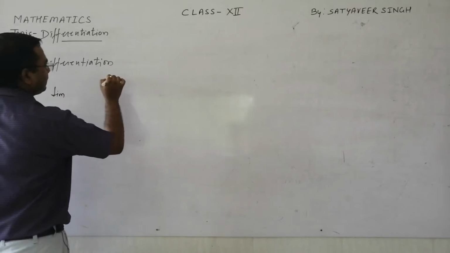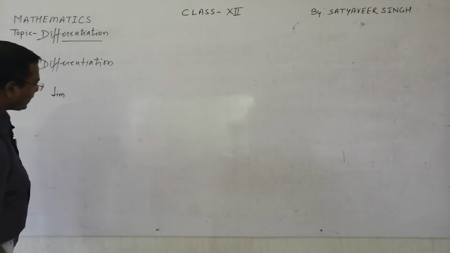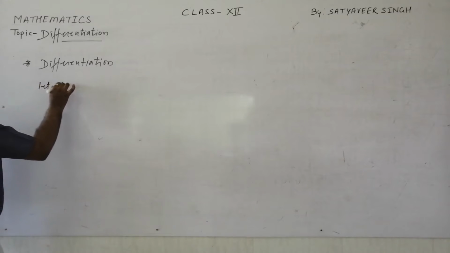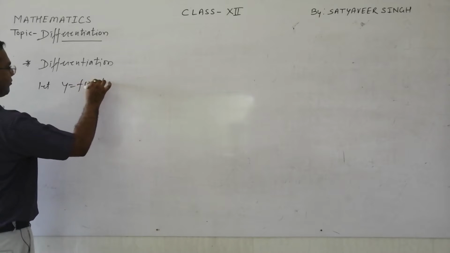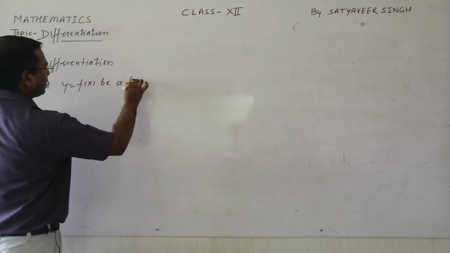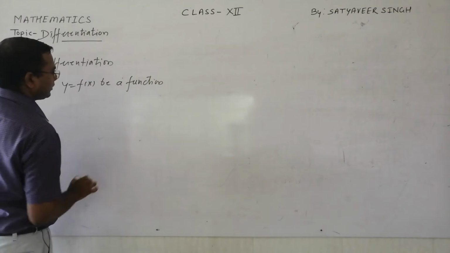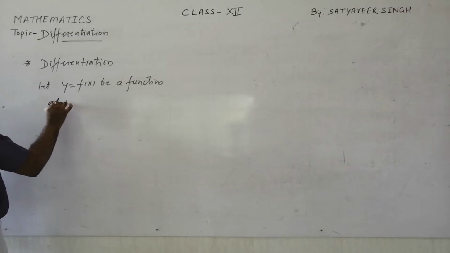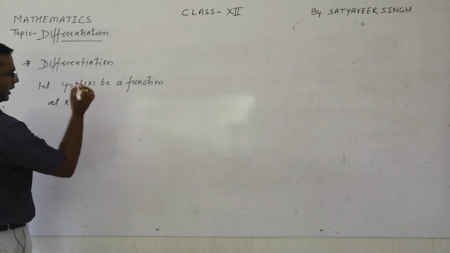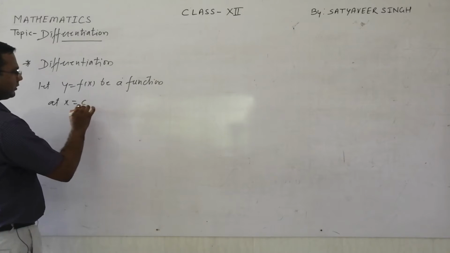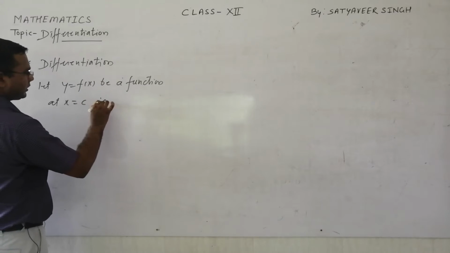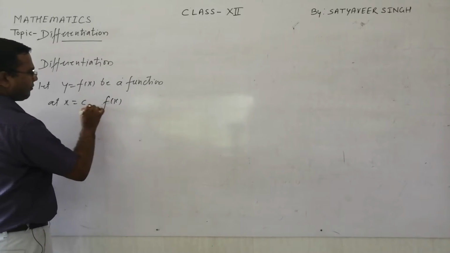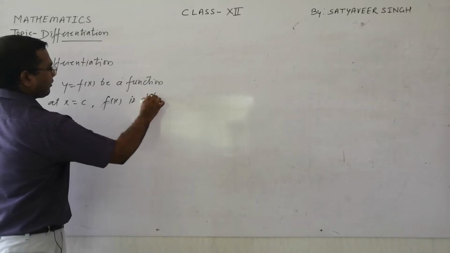Suppose there is a function, let y is equal to f(x) be a function, and we are talking about x is equal to c. If it is differentiable at x is equal to c, we can say f(x) is differentiable.